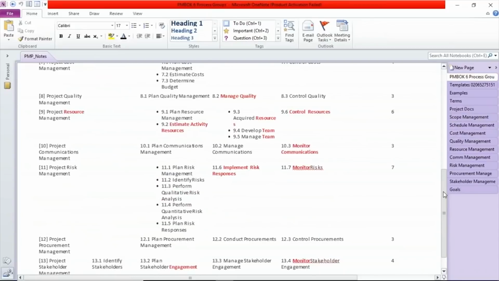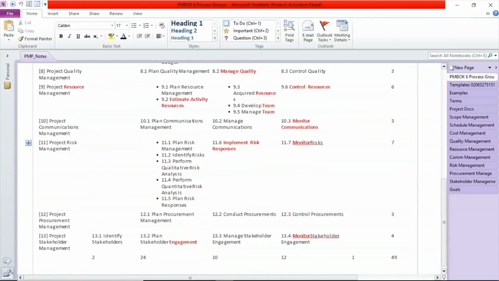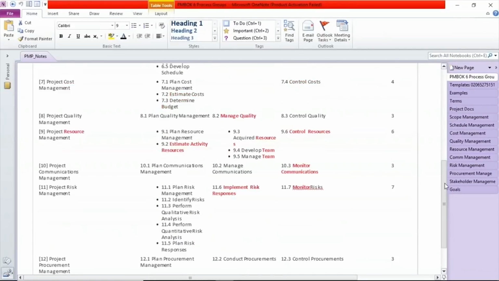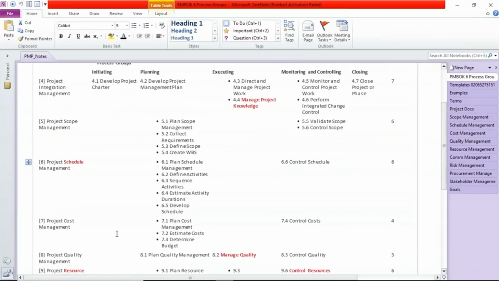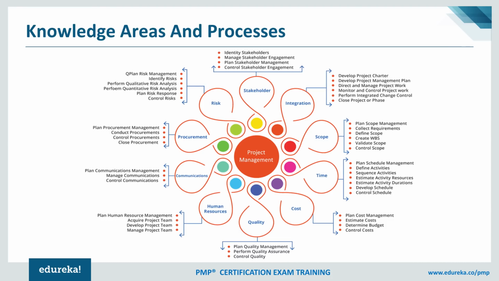This is where all of the process groups and the processes come into the picture. So there are a total of 49 of them, as I mentioned, and there are 10 knowledge areas, and these are the process groups. And you'll find that for each of these process groups and knowledge areas, there are various processes which cut across multiple knowledge areas from each of these process groups.